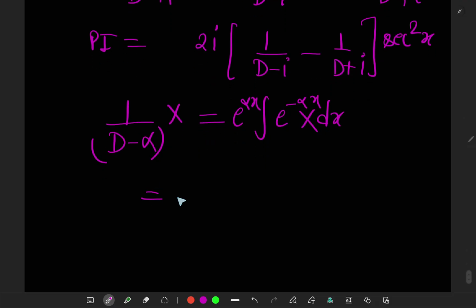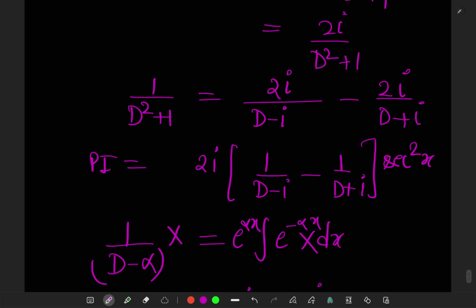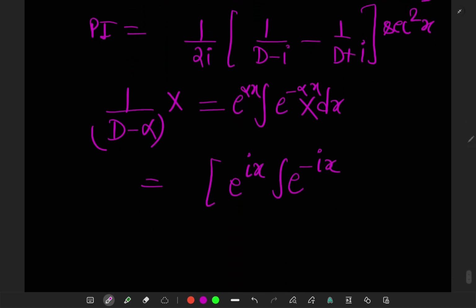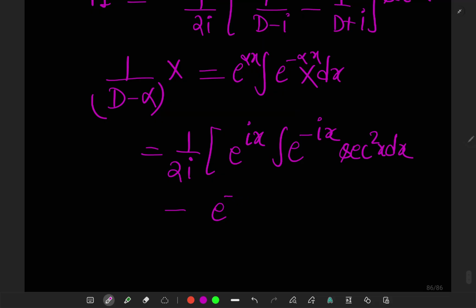So we can use here, we get sec square x dx minus integration e to x sec square x dx.